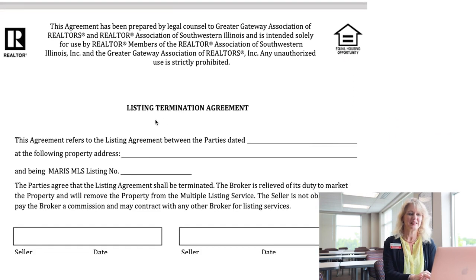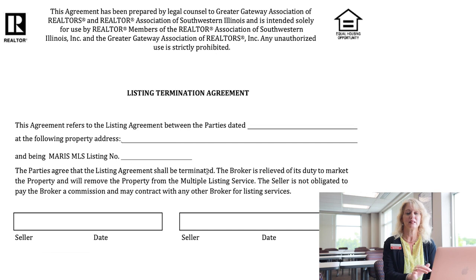Sometimes when there is a disagreement in the service you provide, or the seller isn't providing the services that they're supposed to provide, and it's a mutual decision between you, your client, and Keller Williams Marquis to terminate the listing and sever any relationship, in that event, this is the form that we complete.